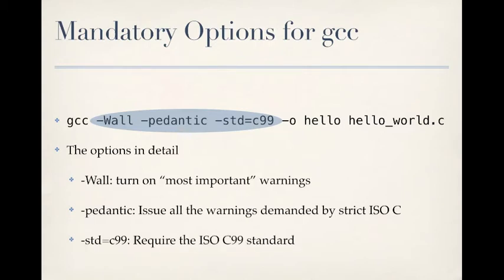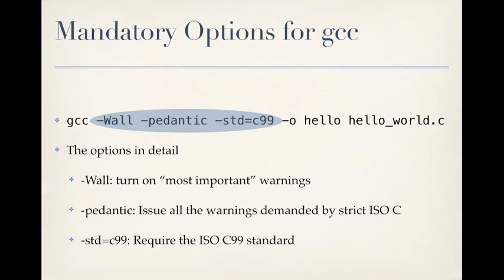Well, and also the last warning, the last option is about standards, and this means we are requiring the C99 standard, which is the standard issued by ISO in the year 1999, which looks a little bit antique now, but actually there is just one newer standard, and this is C11.